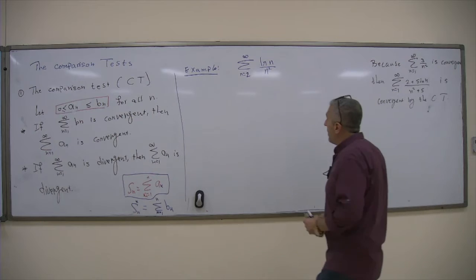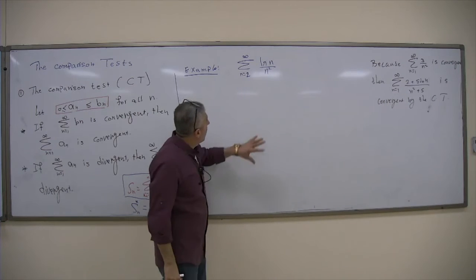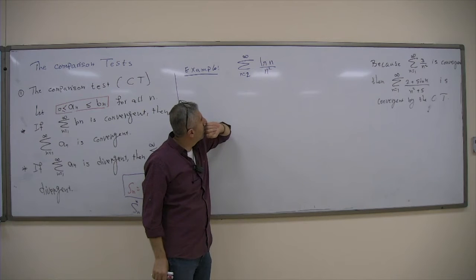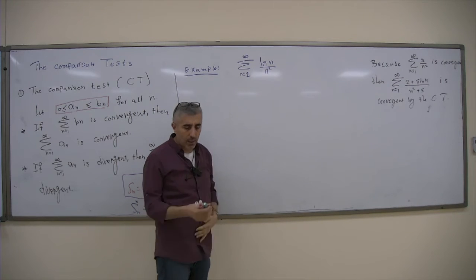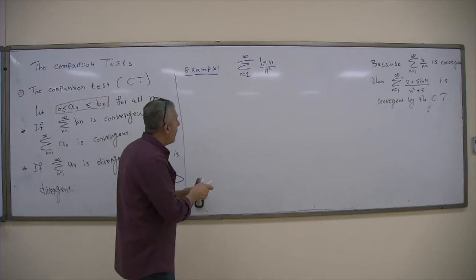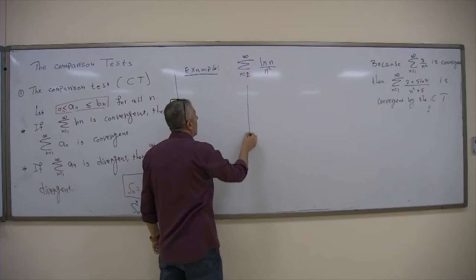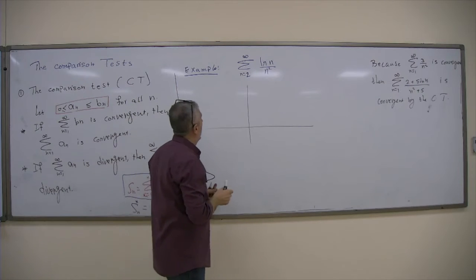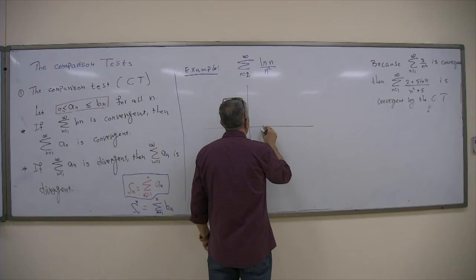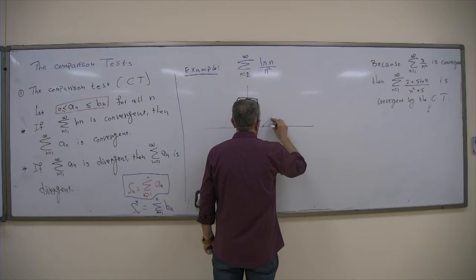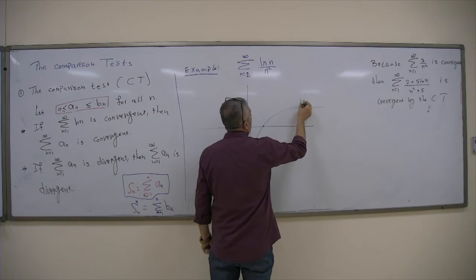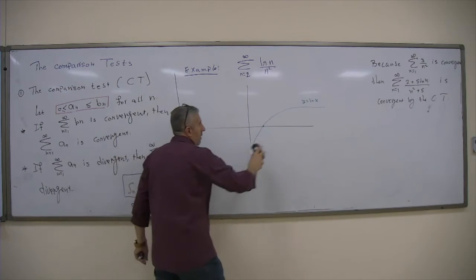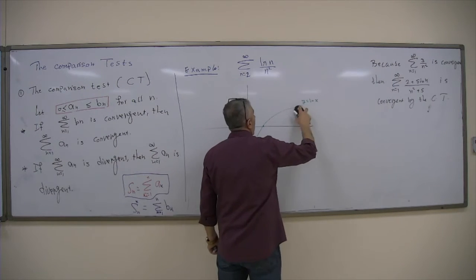Well, this is not obvious for you. Here you have ln n and here you have n squared. Well, let's try to understand the numerator here. If you think about the numerator, at 1 it is 0. And you know from calculus 1, this is y equals ln x. I mean, it's not asymptotic here, it keeps going up.